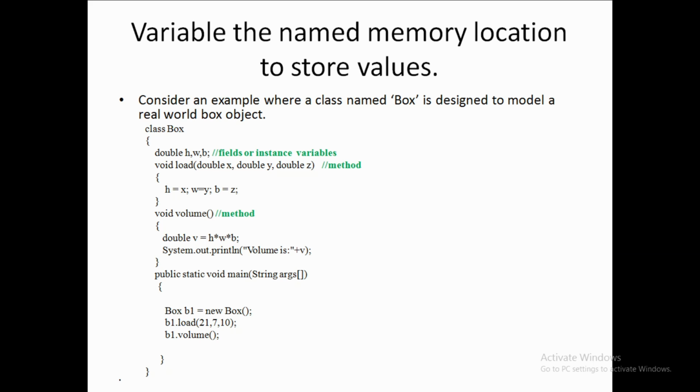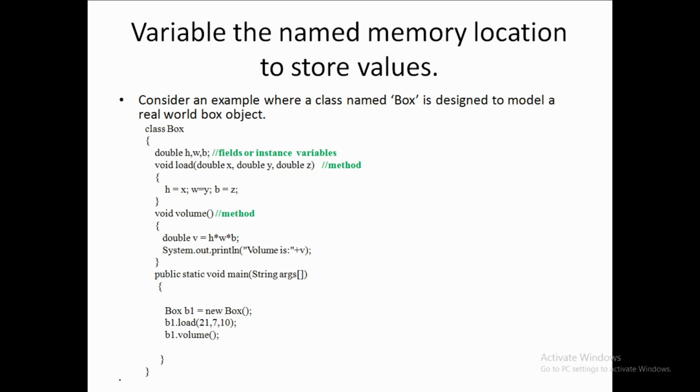It should be mentioned here that a variable of a class is known as an object. So we have created an object, namely b1, of the class box in the main function here. This object b1 has characteristics such as height, width, and breadth, similar to the real world object box.